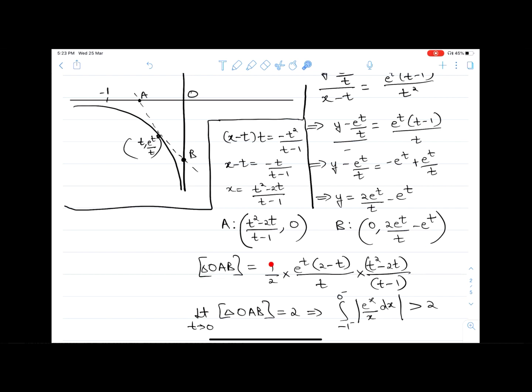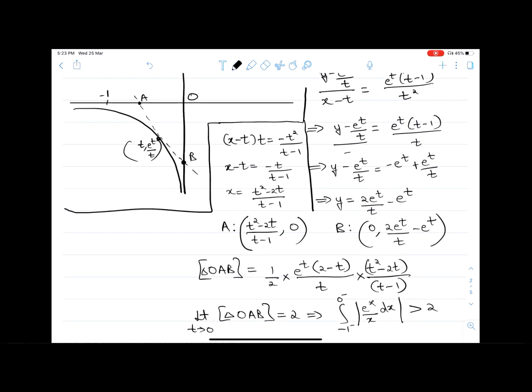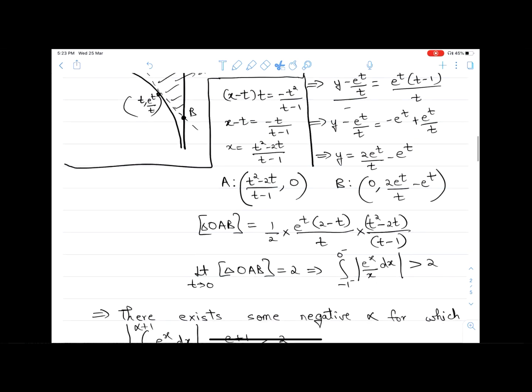Area of triangle OAB will be nothing but half times OA into OB. So if we identify this area as limit t tends to 0, this area tends to 2. That means this area is equal to 2 as t tends to 0. So if this area itself is equal to 2, the integral from -1 to 0 of mod of e power x by x dx will be greater than 2.